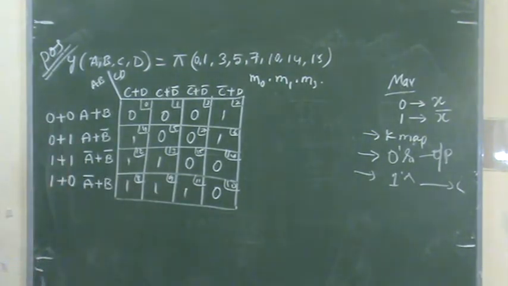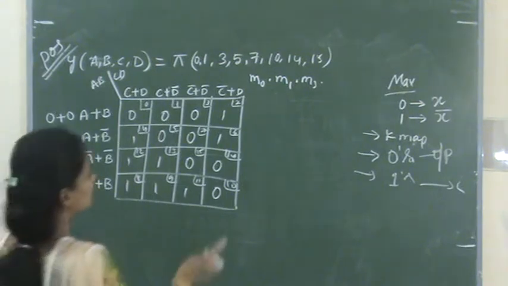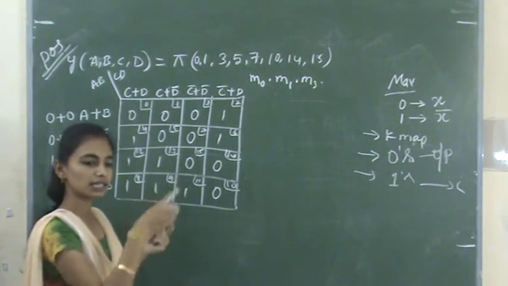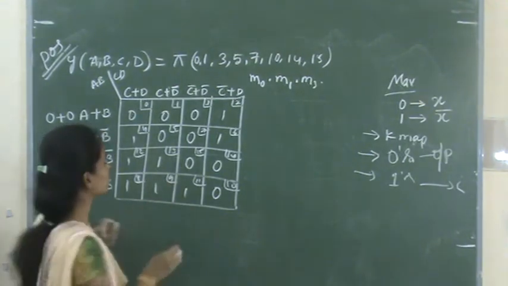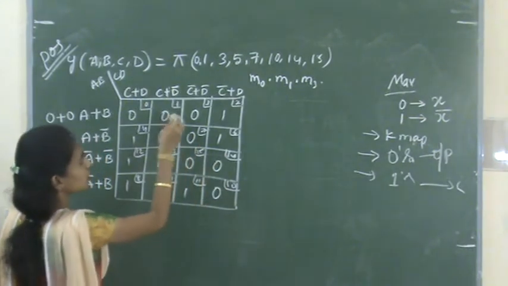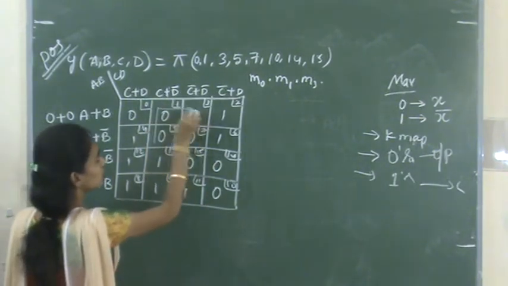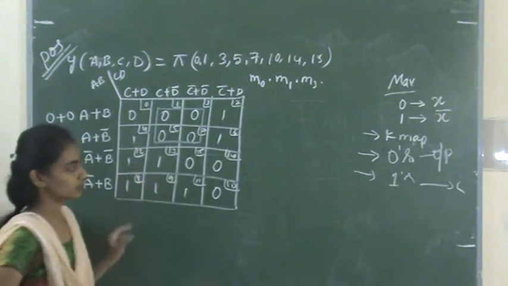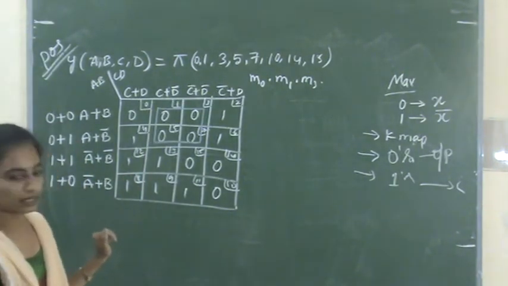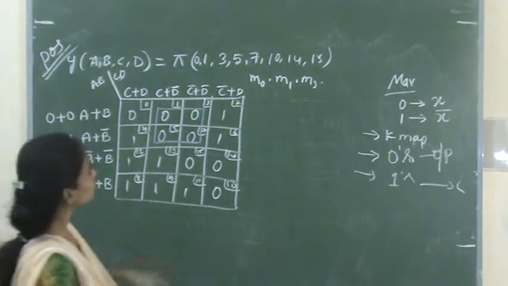After that we have to encircle the adjacent zeros. Here I am encircling the adjacent zeros. See, we have these here, right? Can I encircle these zeros as one quad? We have 4 zeros, right? Can I encircle this as one quad? Right?